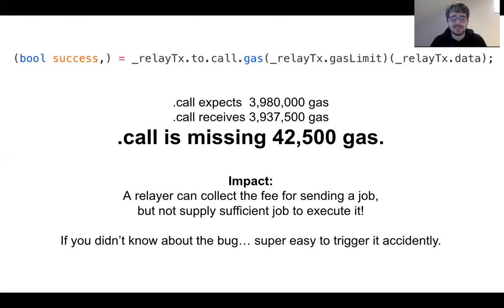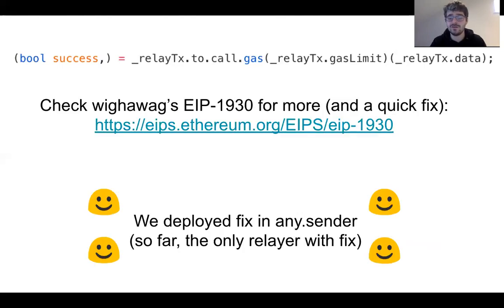And that means if it's accidental, the relayer is being honest, they're trying to execute your meta transaction, but the meta transaction is not sent enough gas. And because it's not sent enough gas, everything blows up. Remember, that's nearly like 50,000 gas missing. That's a huge chunk and very easy that it could be accidentally triggered.